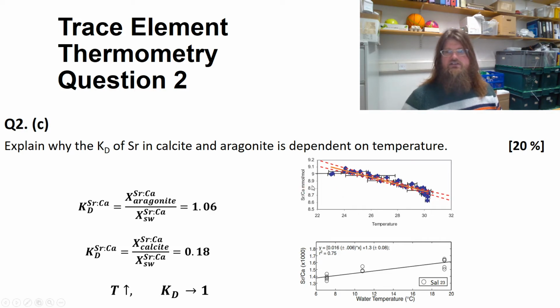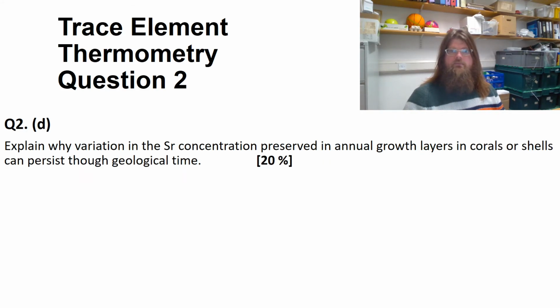Whereas for calcite, it's the other way around, in that strontium is slightly incompatible in the calcite structure. But at higher and higher temperatures, we tend to 1 with this KD. So the amount of strontium that you can get in goes up with temperature. So having some explanation of that, maybe bringing in some of these examples, would have given you the big box.